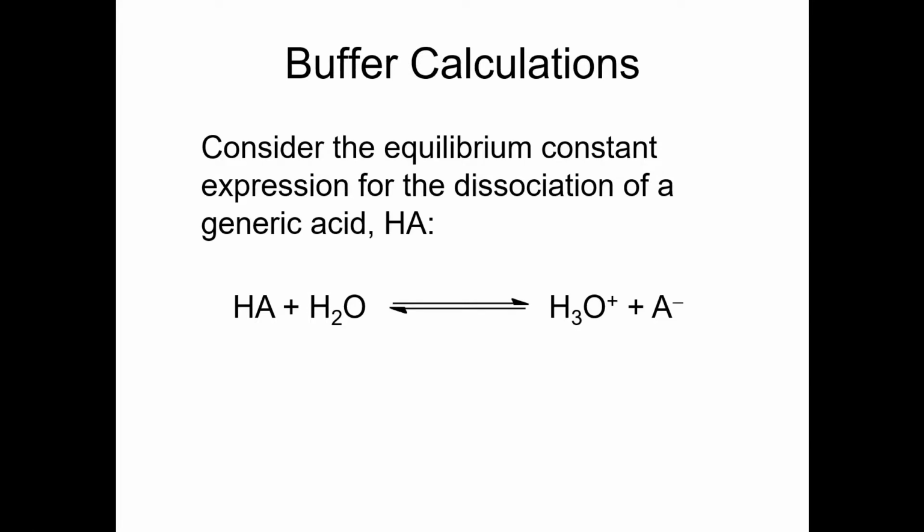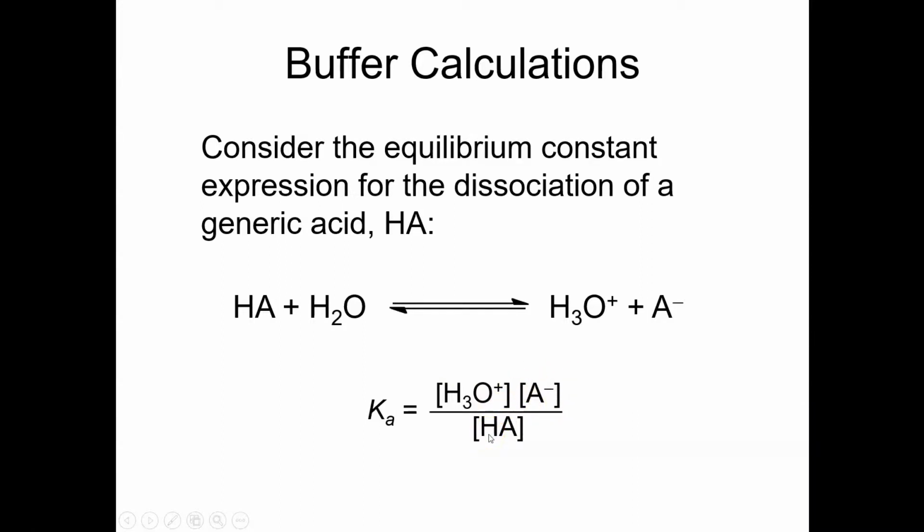If we consider a generic weak acid HA, it's going to ionize in water to give you hydronium ions plus A minus, which is the conjugate base. We can write the Ka expression: Ka is equal to the hydronium ion concentration times the A minus concentration over the concentration of the weak acid.